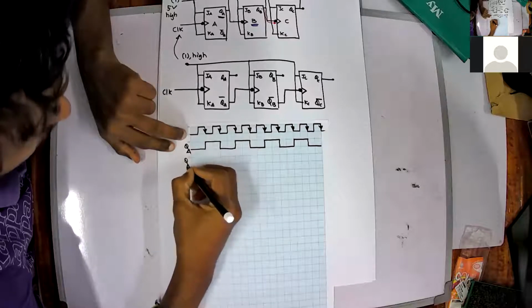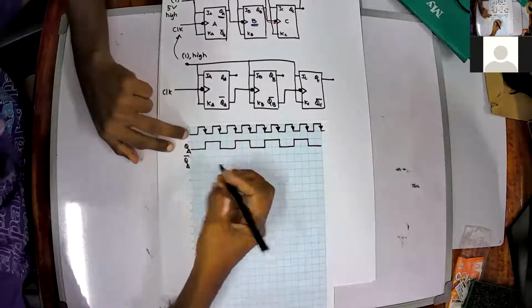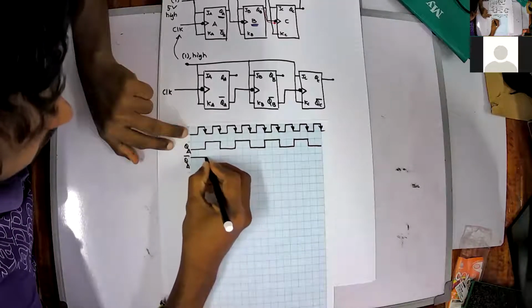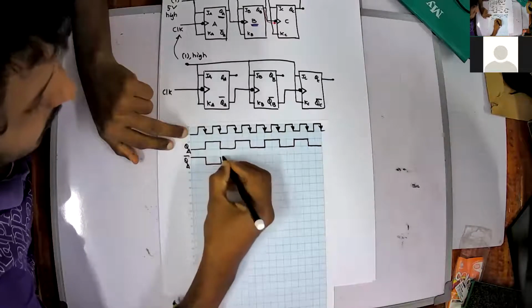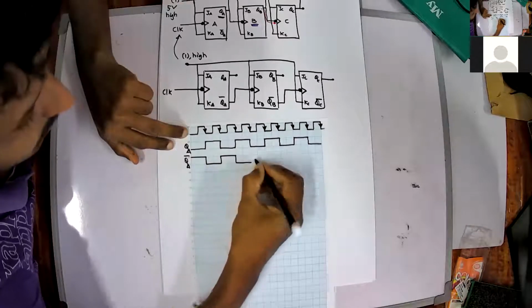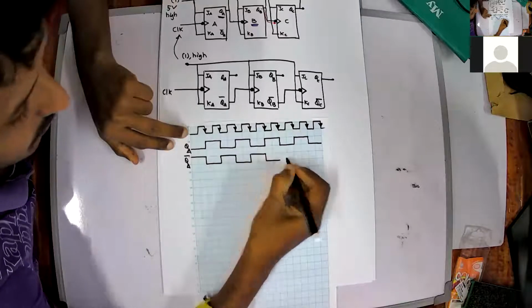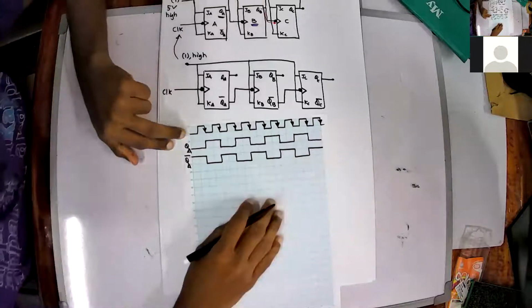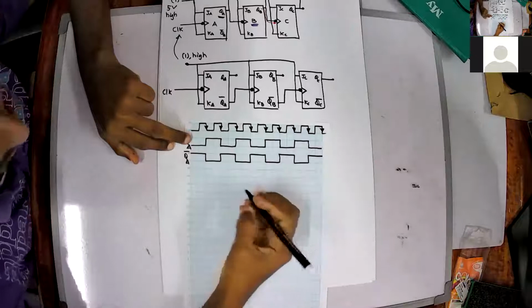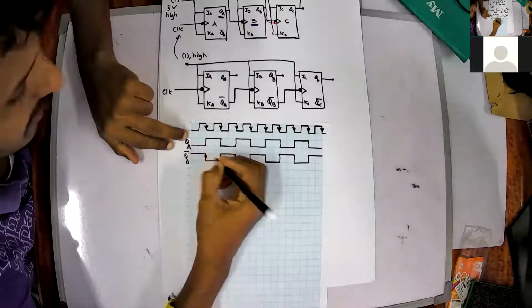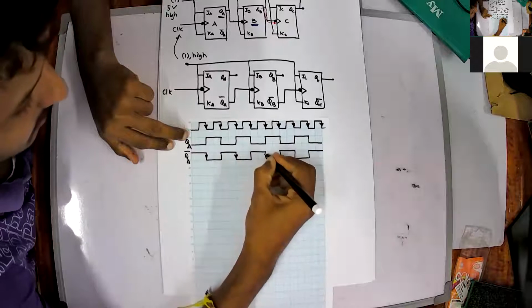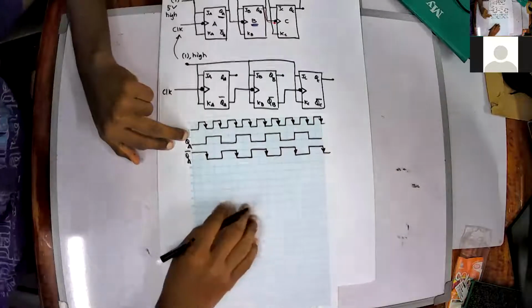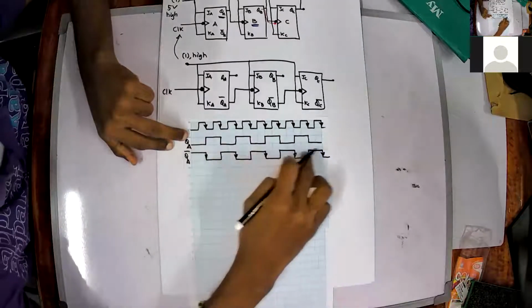If QA is 0, then QA bar is 1. This is my QA bar, and then I have negative edges here, here, here, here, and maybe here.